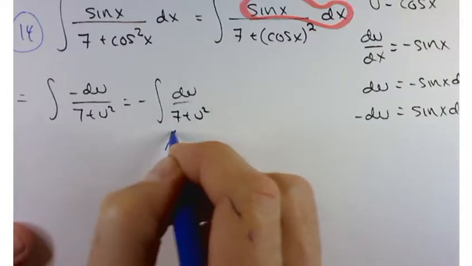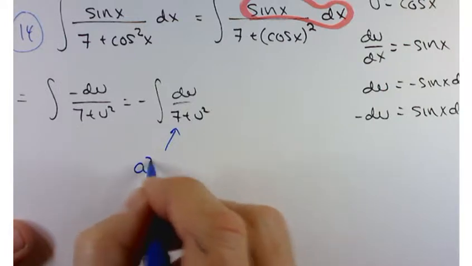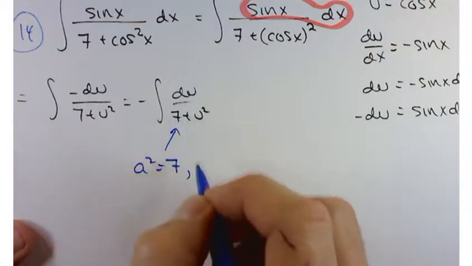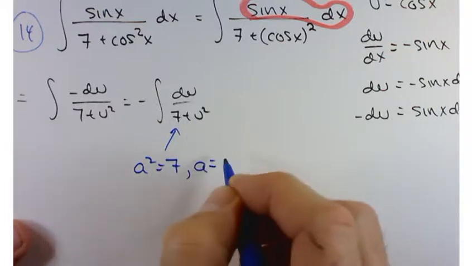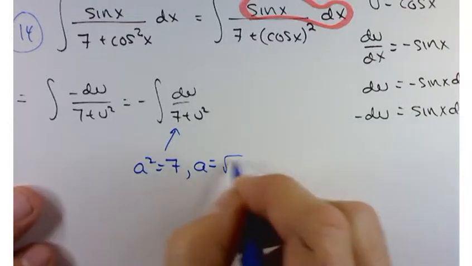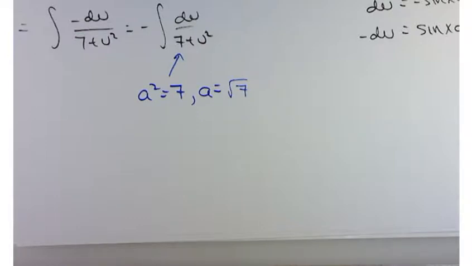The only thing we don't know exactly is what a is. But a squared is 7. That's what this is. It's the square of our term a. So what does a have to equal? Square root of 7. So a is the square root of 7. And that's pretty much all we needed.